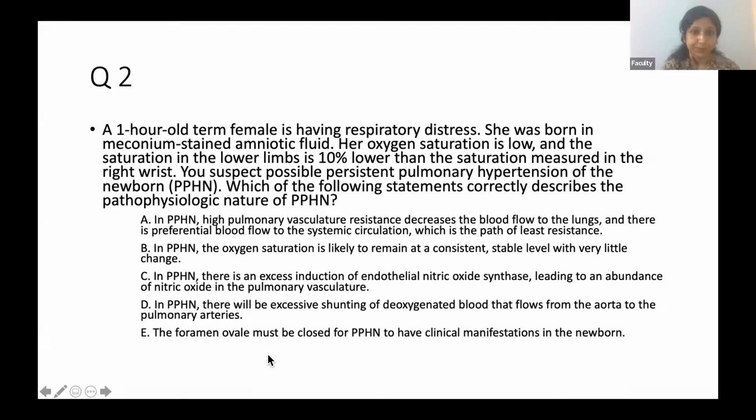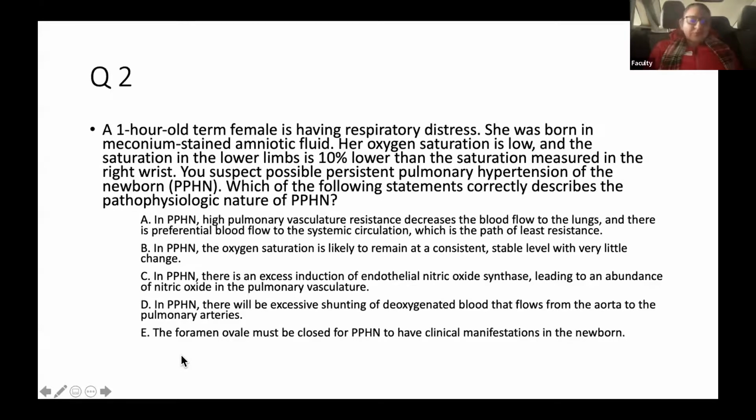First one. Yeah. So it will be this, because pulmonary vascular resistance is higher, so the blood flow to the lungs will be decreased. And it cannot be C, because nitric oxide is actually reduced. That's the reason you are giving NO, which is a vasodilator, right?